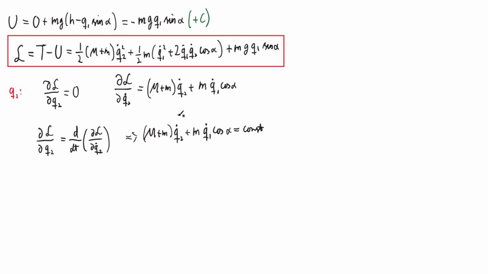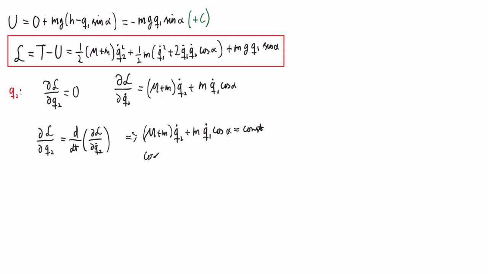If you look at what this means, here we have the velocity Q2 dot times the mass of the wedge plus the block, and over here we have the velocity of the block by itself in the x direction times its mass. This is actually just the total momentum of the system in the x direction.